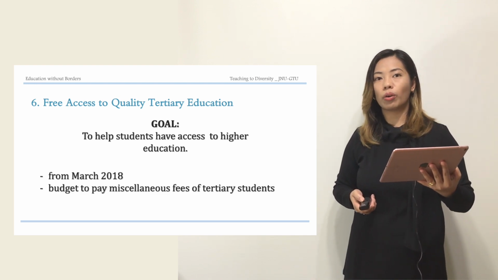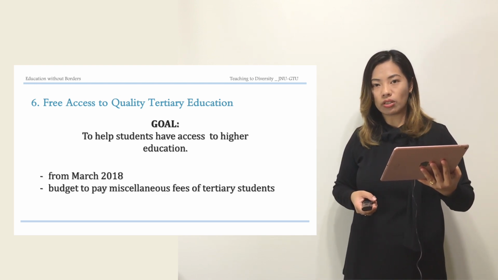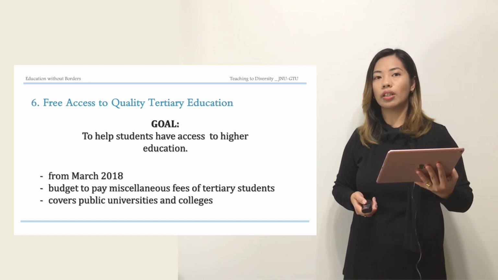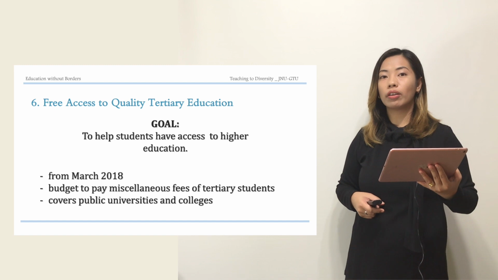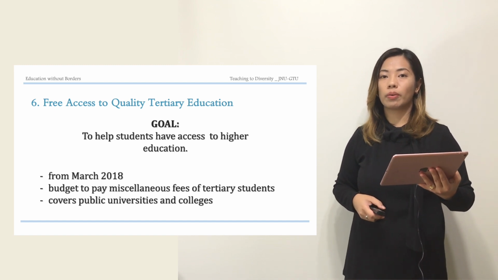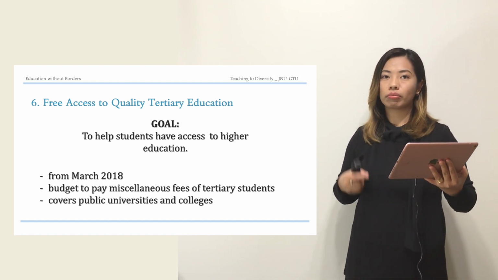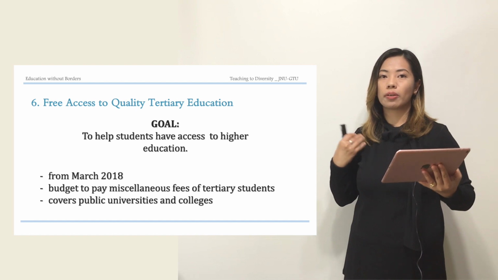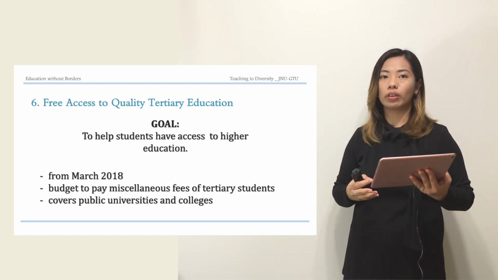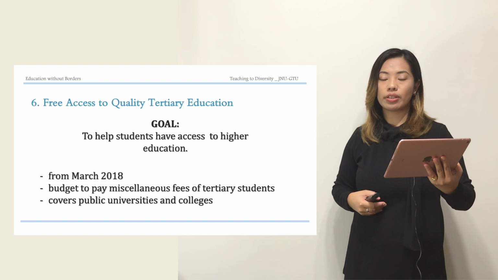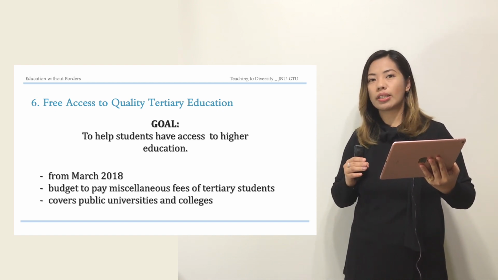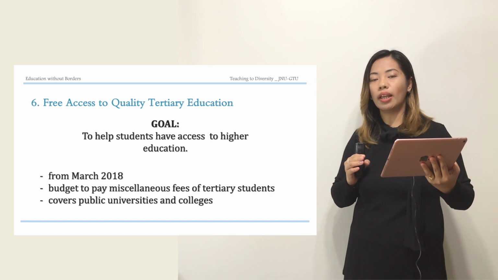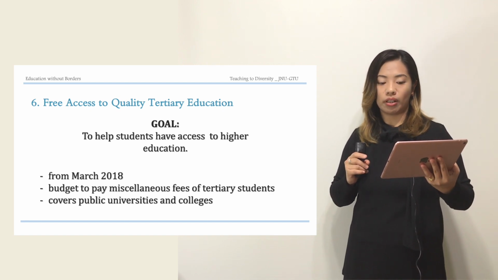It is to pay the miscellaneous fees of tertiary education students, and it covers only public universities and colleges. So what does that mean? If you go to public or government-owned universities or state universities and colleges, you will only pay a small amount of money since the miscellaneous fees are already paid by the government.